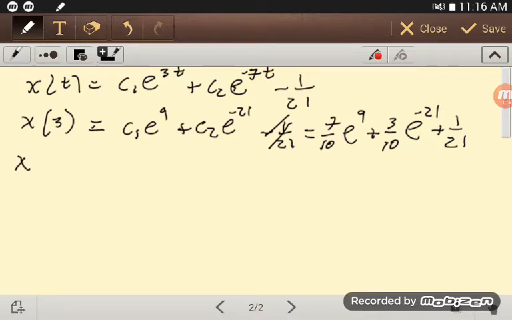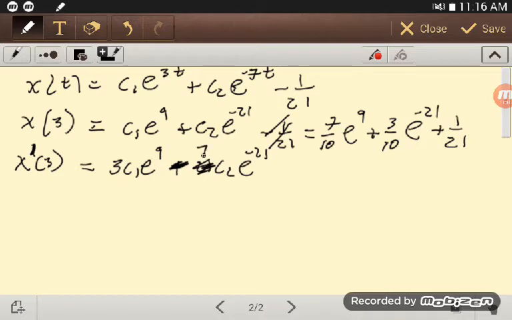And then we have x prime of 3. And x prime of 3 is going to be 3 c1 e to the 9 minus 21 c2 e to the minus 21. Oh, yeah, I messed that up. That's a 7. So minus 7 c2 e to the minus 21.